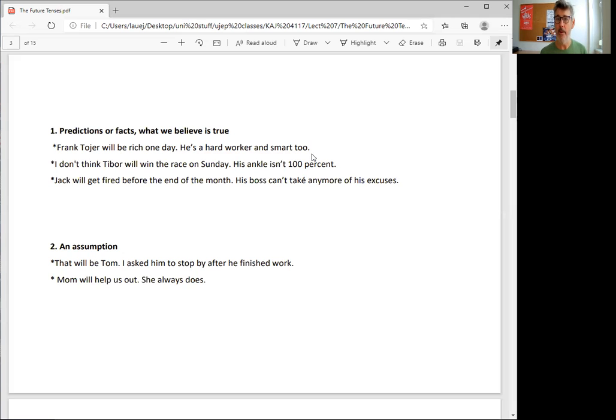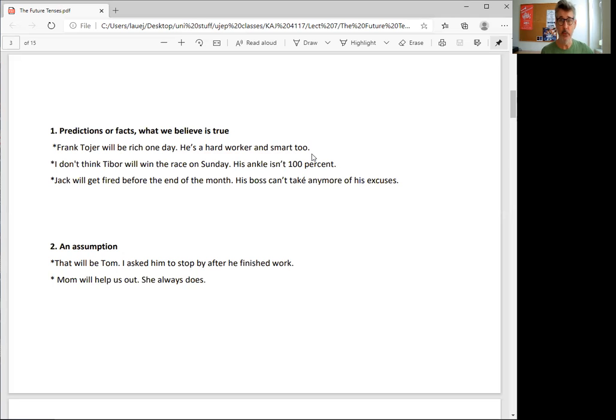So why do I believe Frank Toyer will be rich? Because he works hard, he gets up, it's his ambition, it's his goal to be rich. He takes it seriously. That's all he cares about, is being rich and being successful. And I believe one day he will, because he's not lazy. He just doesn't sit in front of his computer.